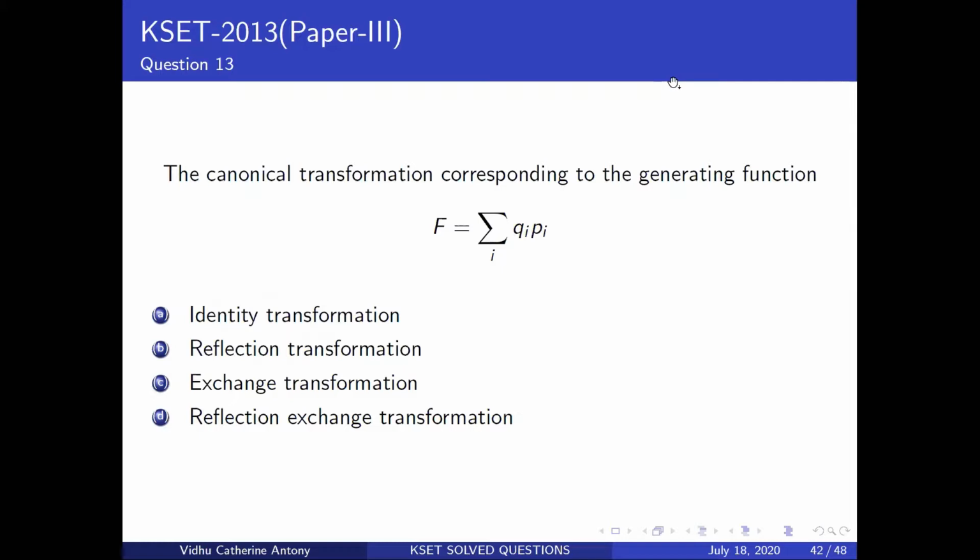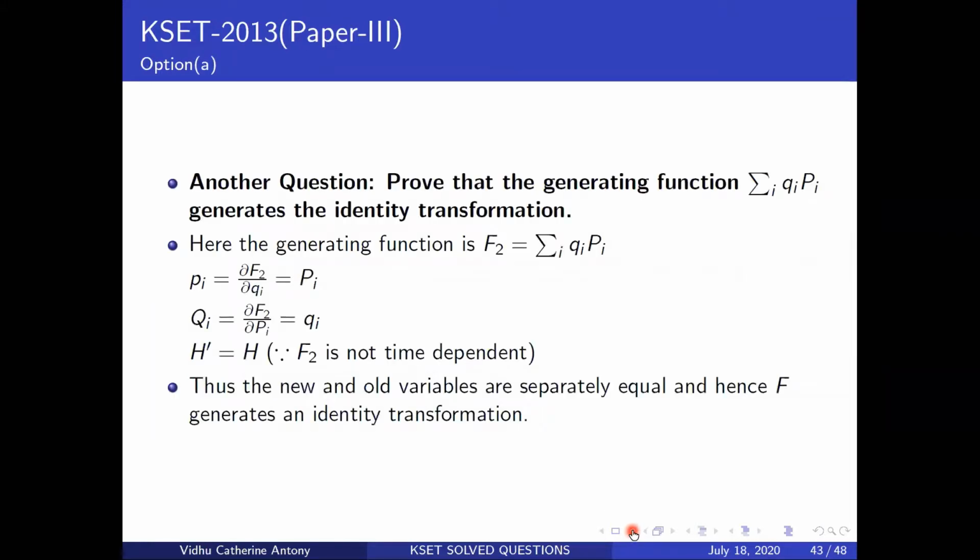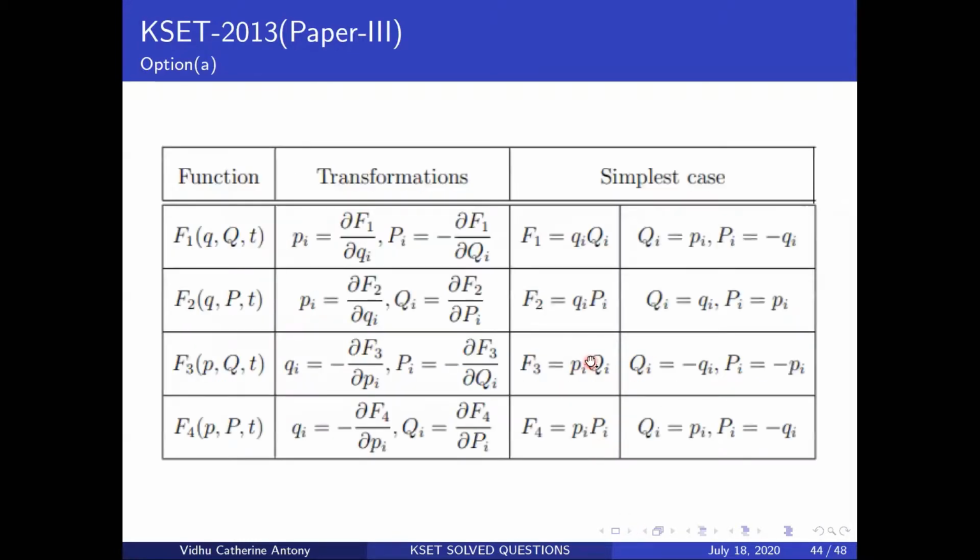Now, another thing I'd like to show you is a table. I told you how to remember these functions: QQ, PP, QP, and QP. Here, you have a function of little q and capital Q. So dou F1 divided by dou q should give you a little pi, and then dou F1 by dou capital Q is going to give you a capital Pi with a negative sign.